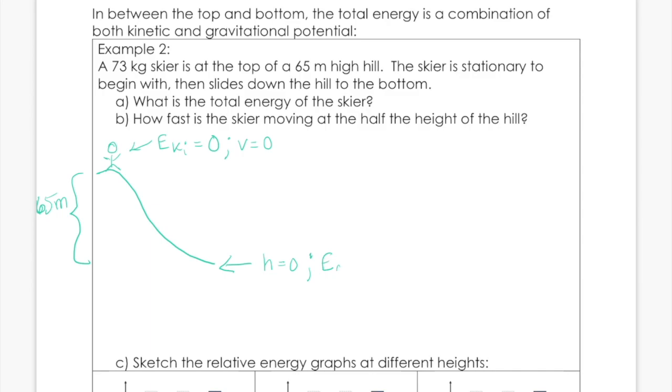Thus, our final gravitational energy is 0. Then we have the halfway point, which is what they'll ask us. Half of 65 would be a height of 32.5 meters.